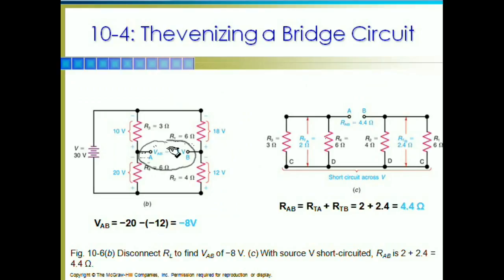And when we Thevenize, of course, we're removing the load. So we remove the 2 ohm load, and now we're looking back at the circuit from points A and B. If we look from points A and B, we know that I've got 30 volts across this branch, and I've got 30 volts across this branch.